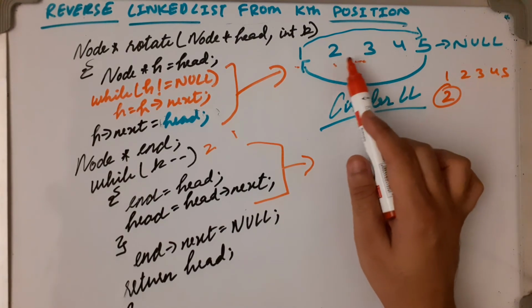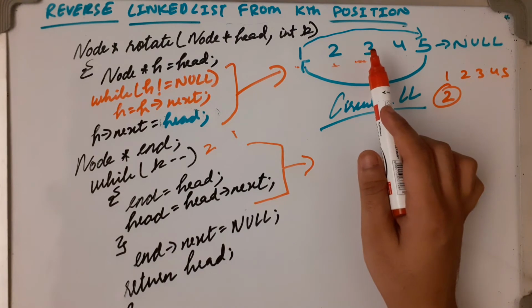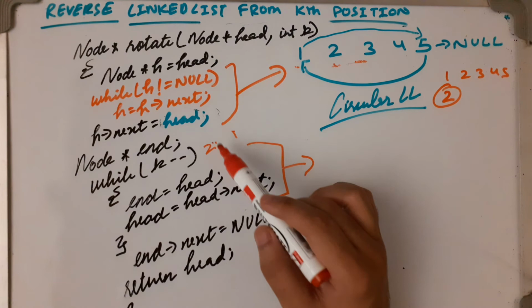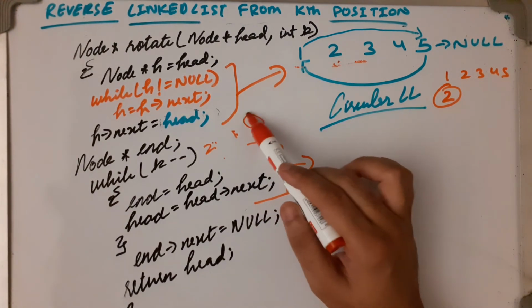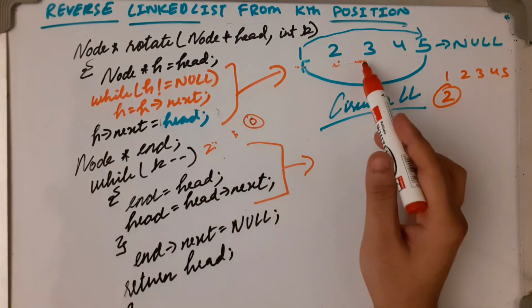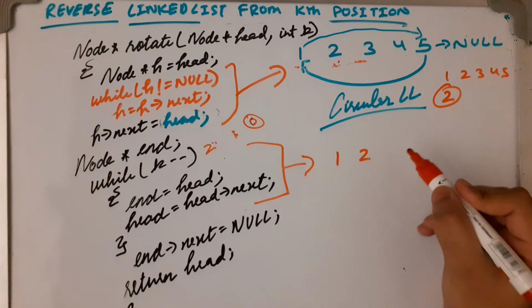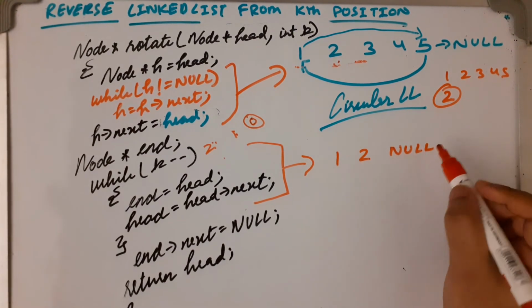When we have created a circular link, it will break here only, at 2. It is n of next equals to null, because it is running for 2. When k is 0 it is breaking, it is not going inside. So it will give 1 2 and null. After 1 and 2 it will put null.